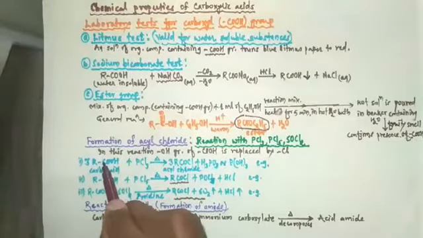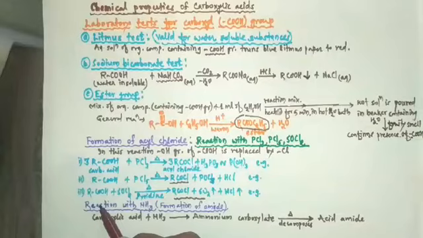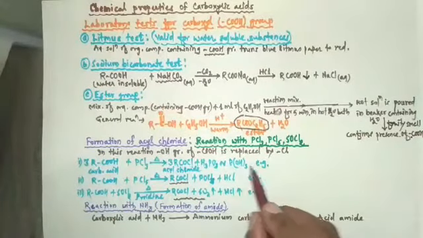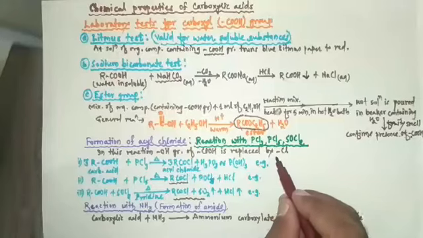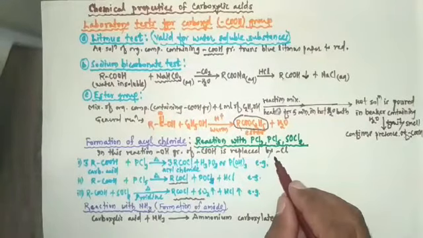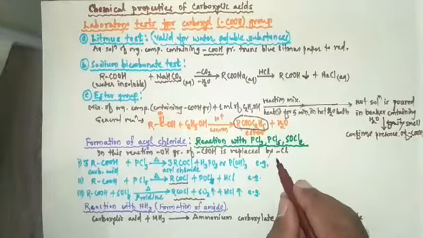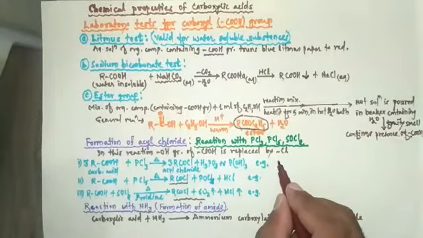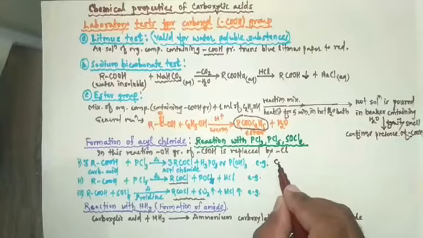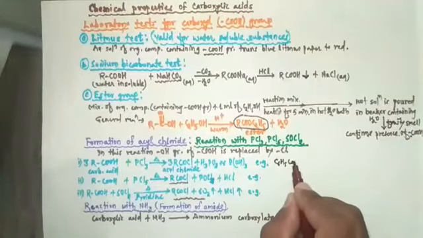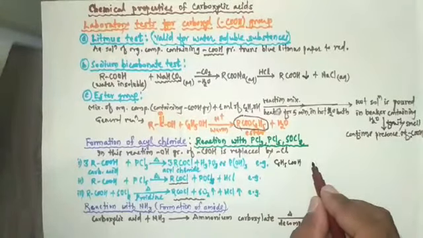After studying the general reactions, let's study examples. Let's study the reaction of benzoic acid with phosphorus trichloride. Benzoic acid has the formula C6H5COOH.